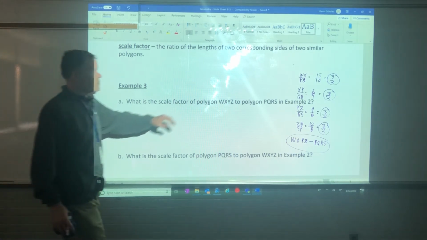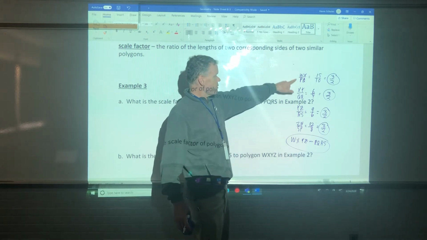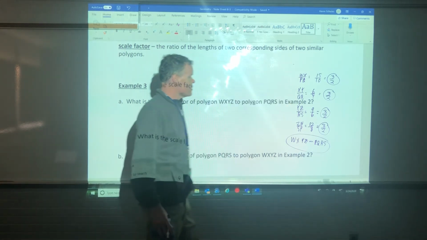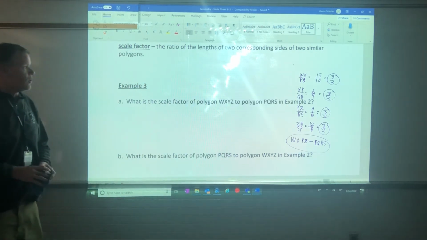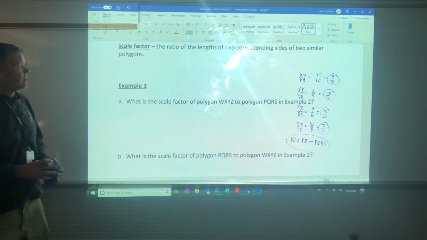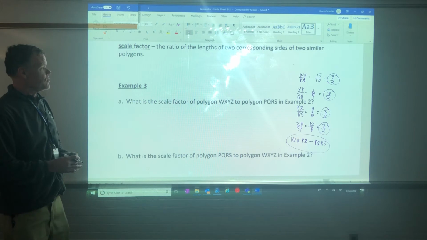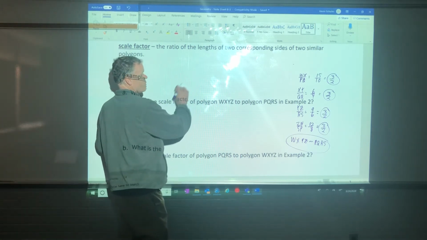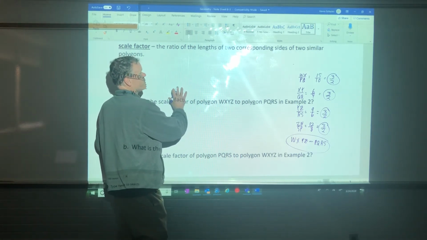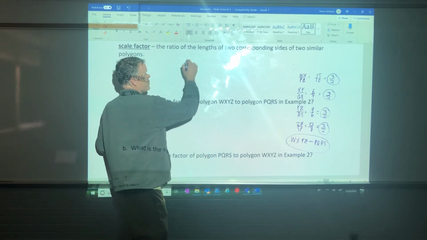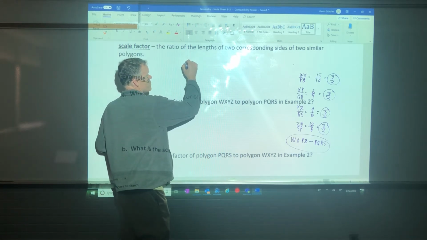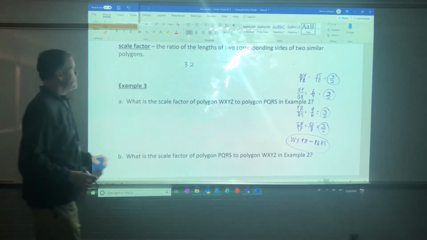So we have corresponding sides here. They're all in proportion, and they have a scale factor for the lengths of the two sides of 3 to 2 when we're talking about WXYZ to PQRS.